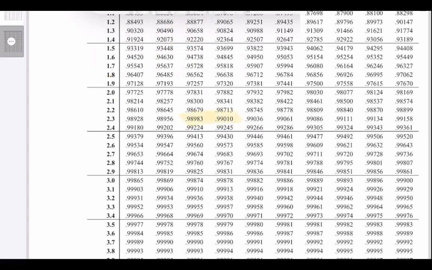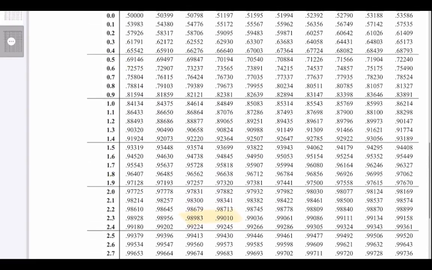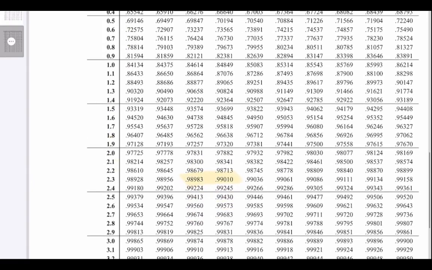Somewhere between 2.32 and 2.33 gives us a probability to the left of 0.990.